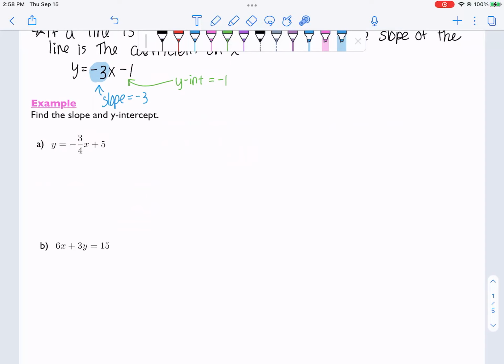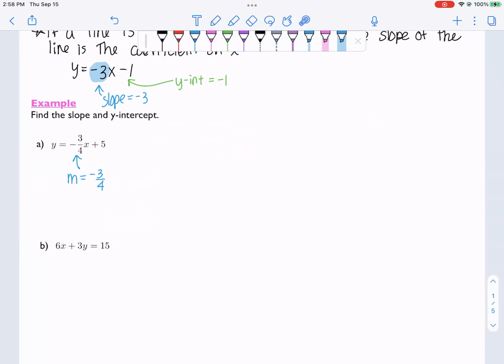When a line is already in y equals mx plus b form, this is very straightforward. Once again, the number directly next to the x is the slope. So m, the slope, is -3/4. Keep in mind that we don't say -3/4 x.